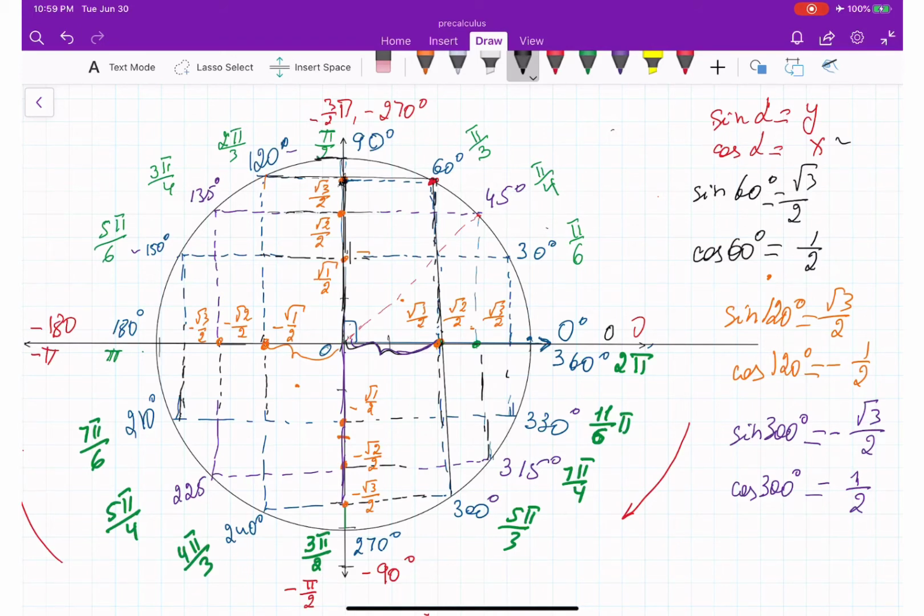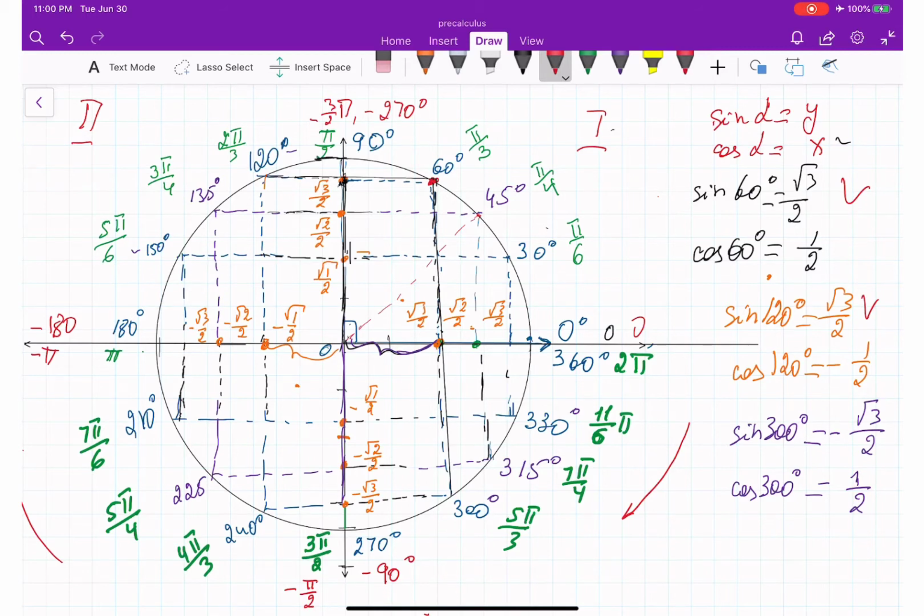So the first quadrant and second quadrant have the same y, which is positive. So sine 60 should be equal to sine 120. Sine 60 is square root 3 over 2, sine 120 is square root 3 over 2.